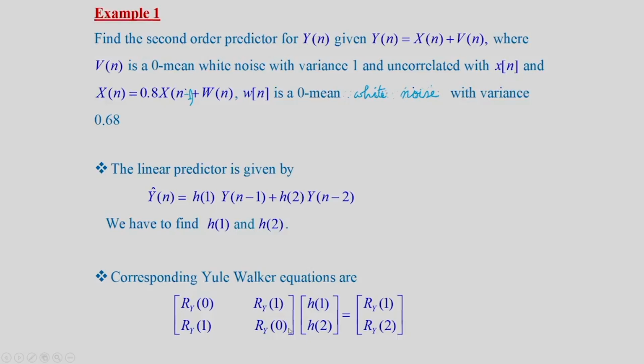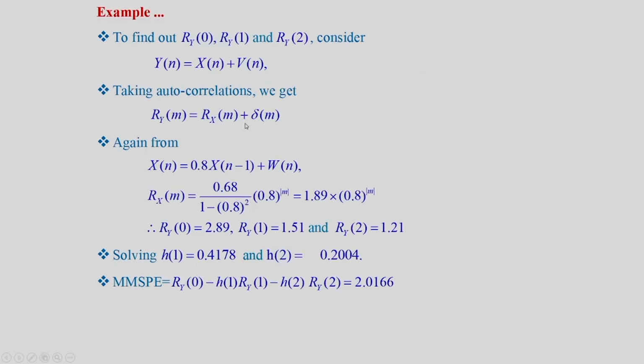This is the autocorrelation matrix multiplied by h1, h2, the coefficient vector, is equal to ry1, ry2. This is the autocorrelation vector. So, this is the Yule-Walker equation for the second order linear predictor.